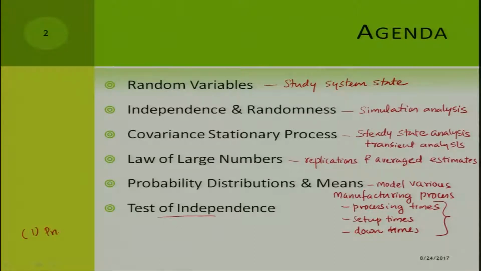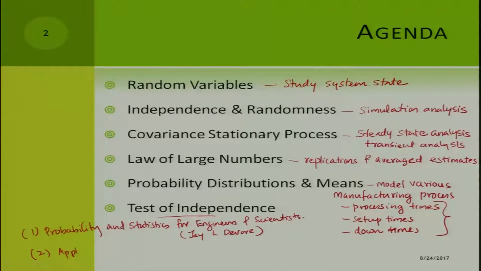One is Probability and Statistics for Engineers and Scientists, the author is J.L. Devore, and the second book is Applied Probability and Statistics for Engineers and Scientists by Miller et al. It is typically known as the Miller and Freund textbook, okay.